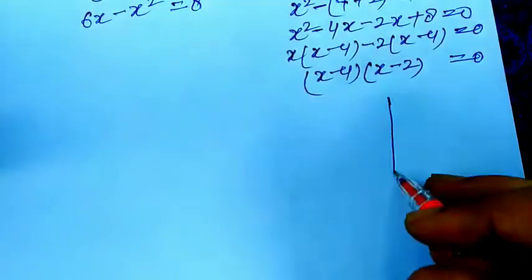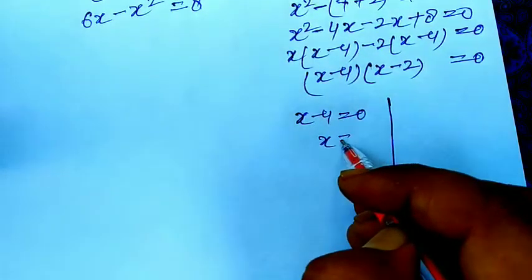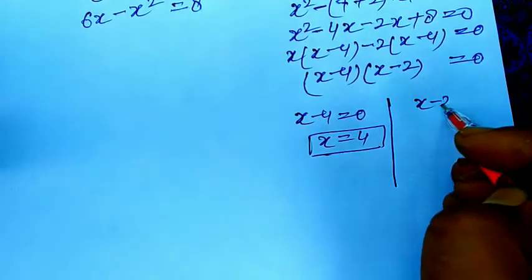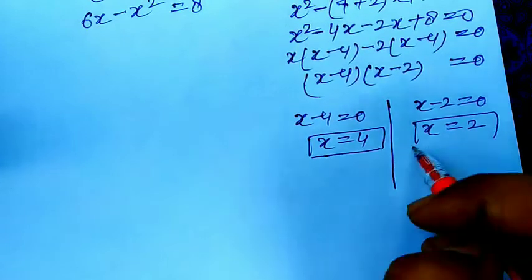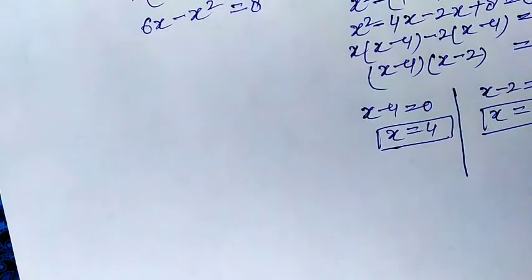Isn't it? Now x minus 4 equals 0, x equals 4 we have. x minus 2 equals 0, x equals 2 we have. Isn't it? If we put the values of x in equation third, so we will get 2 values.